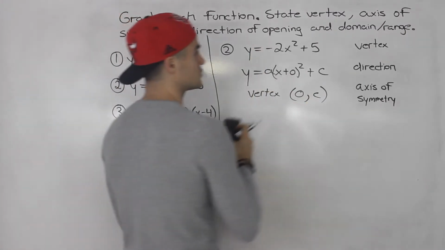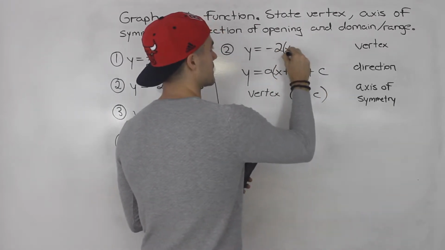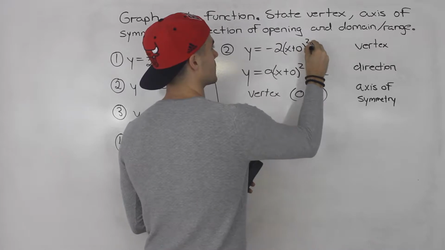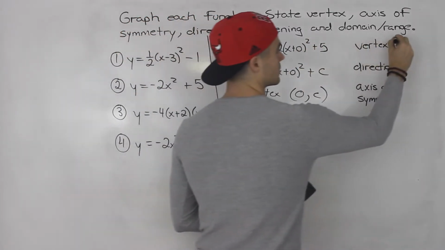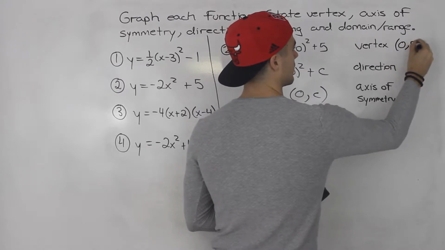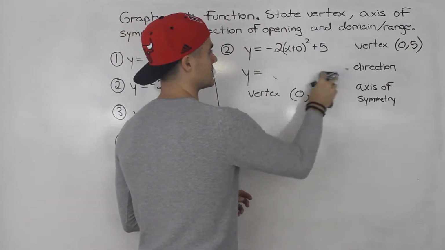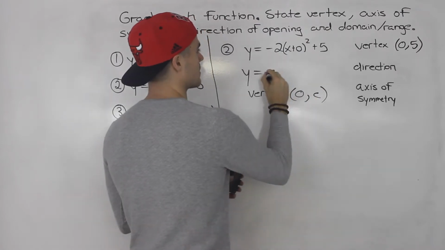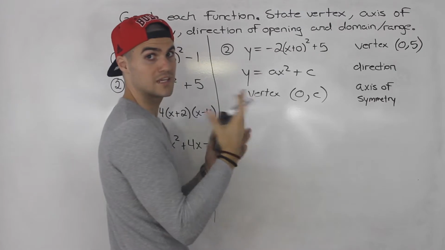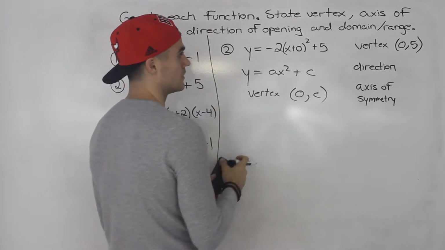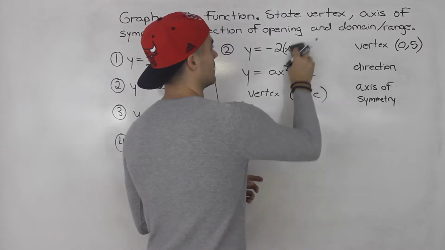So this -2x² plus 5, we can rewrite it as (x plus 0) squared plus 5. So the vertex is 0 and 5. So you may just want to make a note. Whenever it's in that format, ax² plus c, there's no bx in the middle, the vertex is always just 0 and the c value.